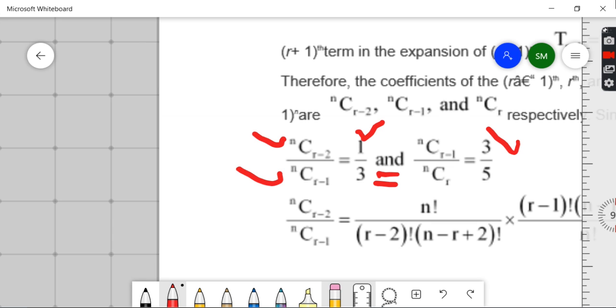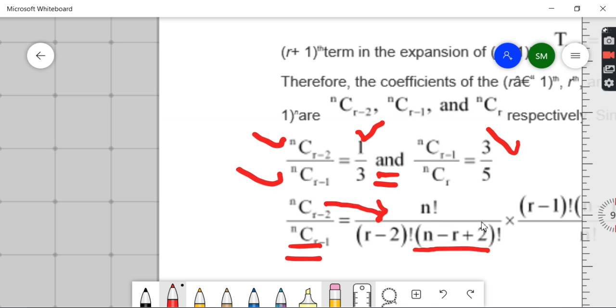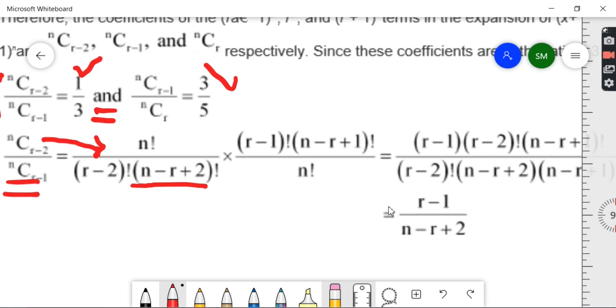Now simplify this. You will get n factorial upon (r-2) factorial into (n-r+2) factorial. I just applied the nCr formula. Similarly, apply the nCr formula for this one, and I am writing in a reciprocal format, that is (r-1) factorial into (n-r+1) factorial upon n factorial.